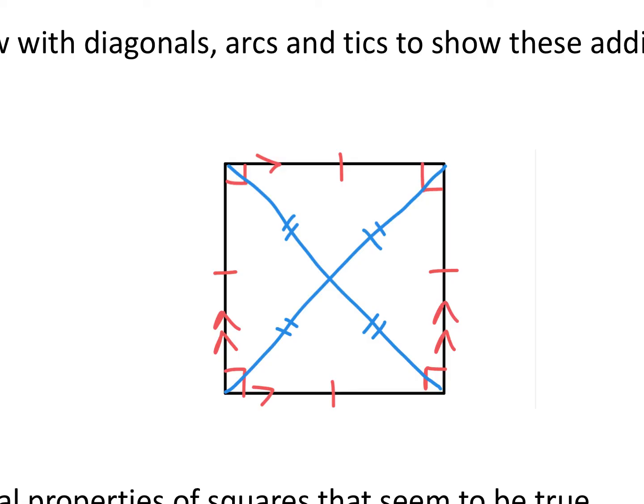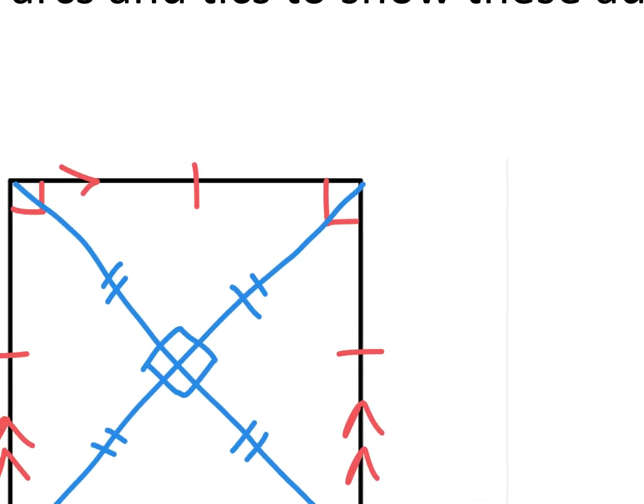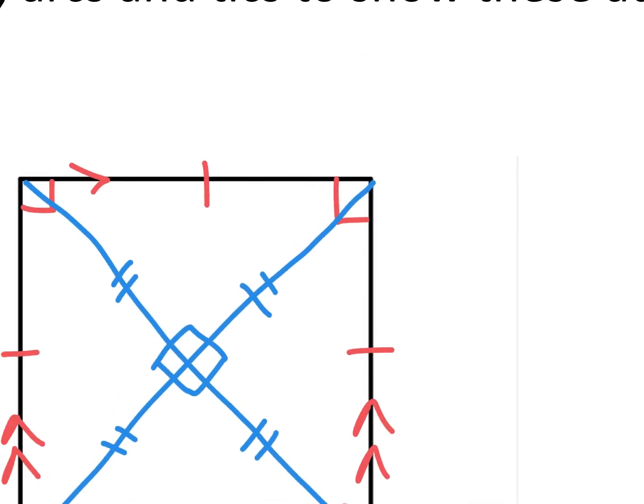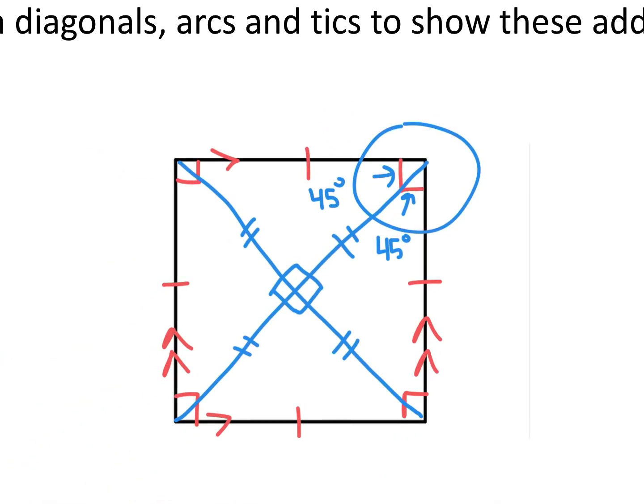Not only do they bisect each other, but they meet at the middle, just like a rhombus, at 90 degree angles. And then over here on the corner, if we zoom in on this corner angle, what's happening is the diagonal is bisecting this angle into two 45 degree angles. Okay, so that is 4 properties for the diagonals. It's kind of a lot.